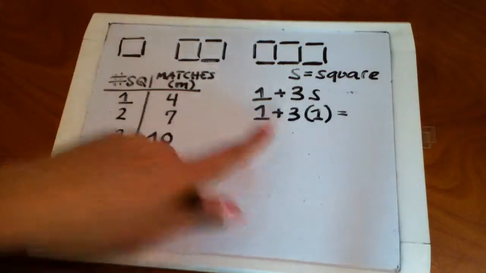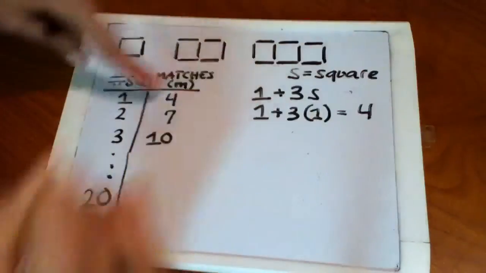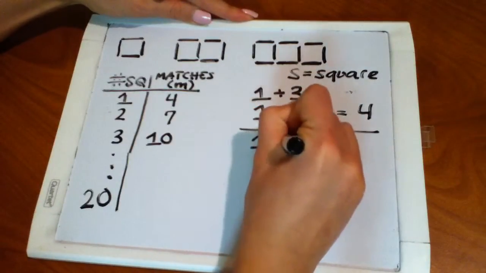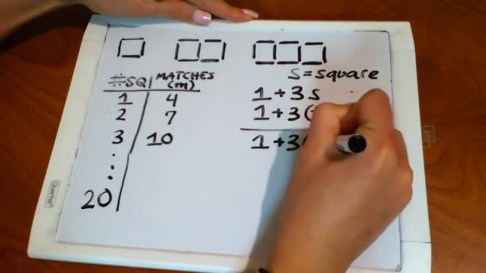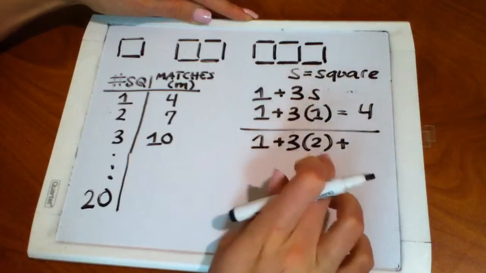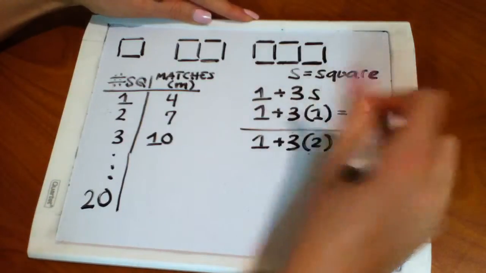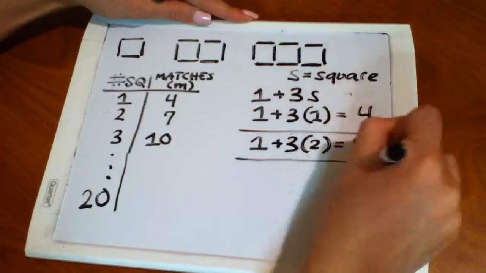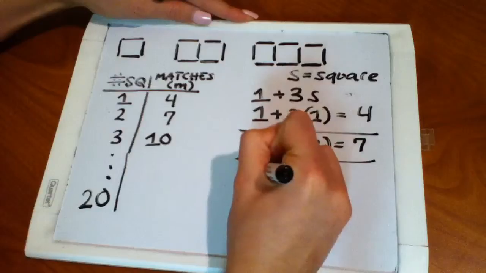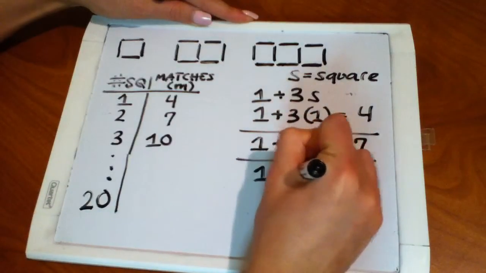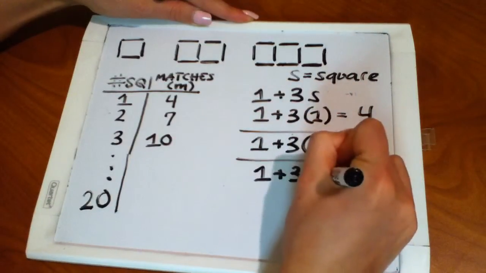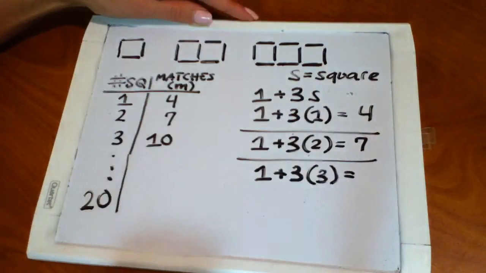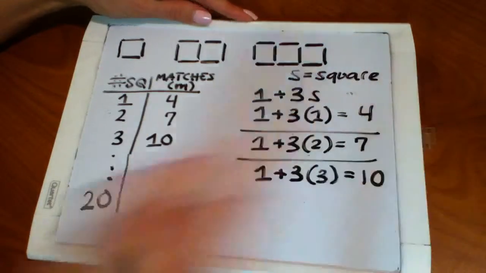And you see that equals 4, which is what we got right here. And if we do it again with 2 squares, 3 times 2 is 6, 6 plus 1 is 7. And then if we do it with our last one, 1 plus 3 times 3. 3 times 3 is 9, plus 1 is 10.